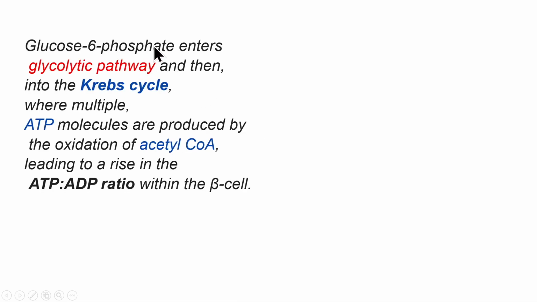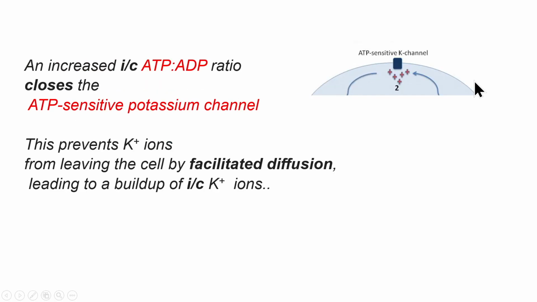Glucose 6-phosphate enters the glycolytic pathway and then the Krebs cycle, where multiple ATP molecules are generated by the oxidation of acetyl coenzyme A, leading to a rise in the ATP-ADP ratio within the beta cells. On the cell membrane of these beta cells are present ATP-sensitive potassium channels.